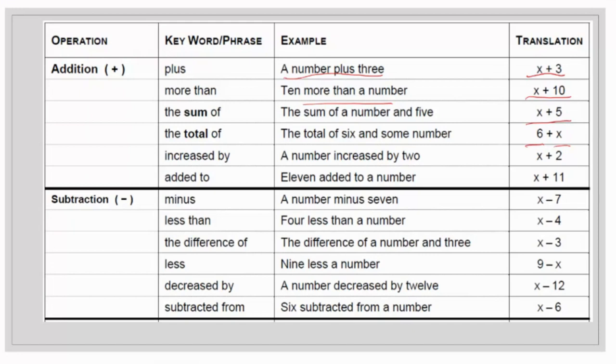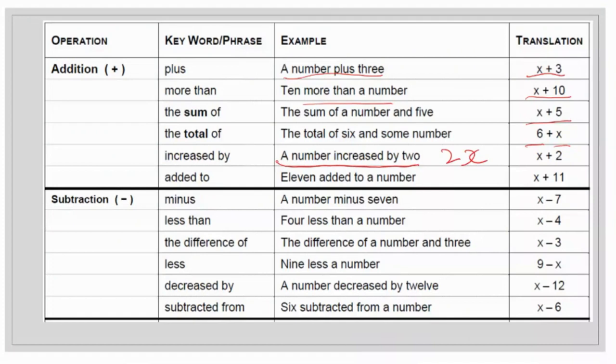A number increased by 2, that means you've got x plus 2. You need to be very careful with some expressions and word problems, check what your misconceptions are, because some people may say a number increased by 2 is doubled. We understand?